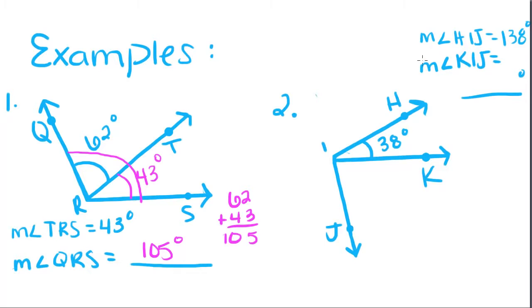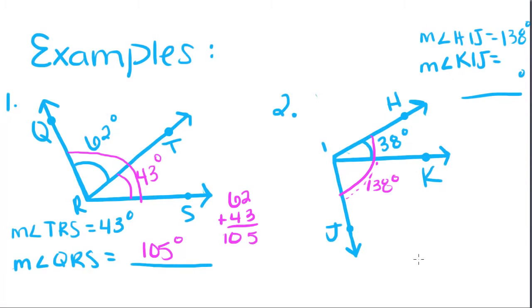So for number 2, I know that the measure of HIJ, which is this entire angle, is 138. And I know that the measure of this part, angle HIK, is equal to 38 degrees. So what is the measure of angle KIJ, which is this part right here?